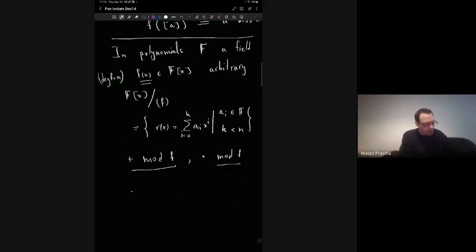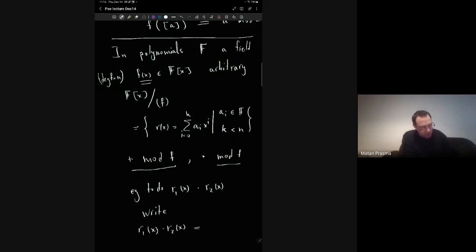So if I want to multiply R1 with R2, I take the ordinary multiplication of the polynomials, R1 times R2.